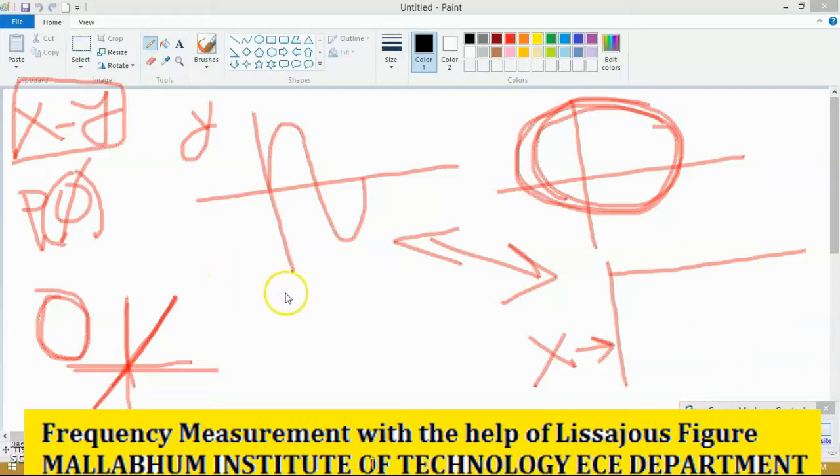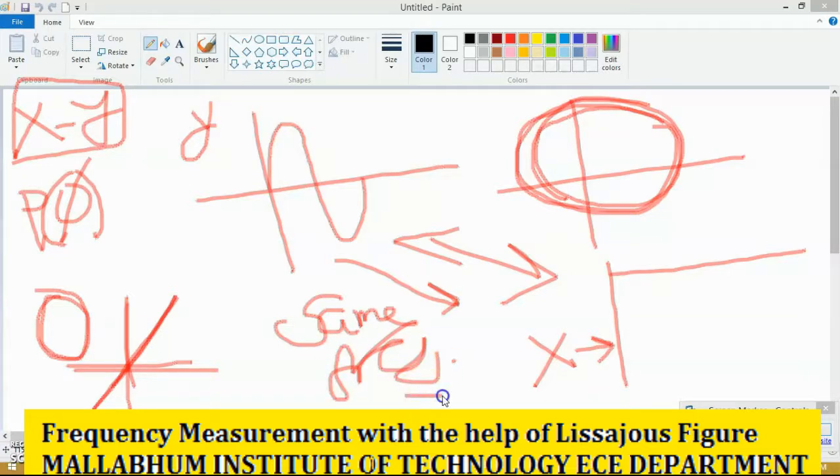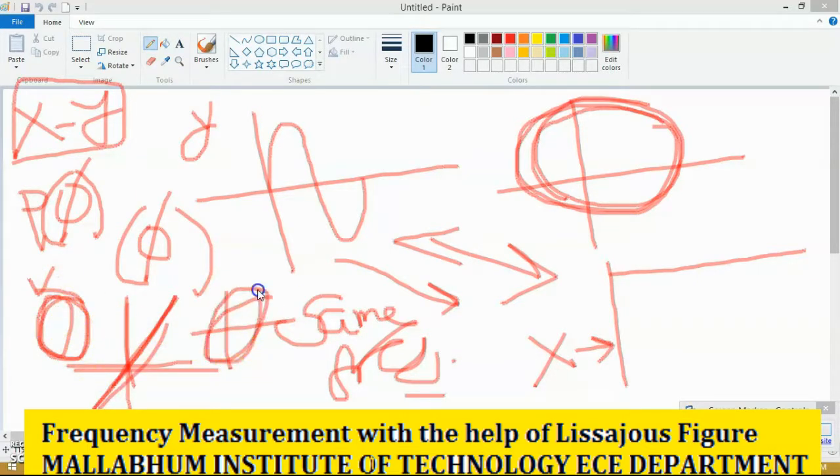In phase measurement, what we emphasized is that we apply these two signals with the same frequency but with different phase angles, and for that we get different types of waveforms, like a circle, a straight line, an ellipse.